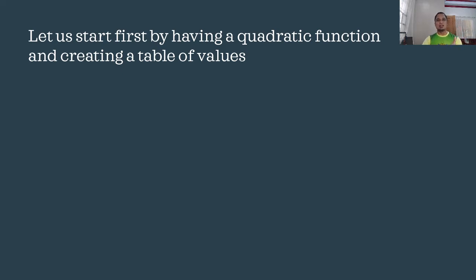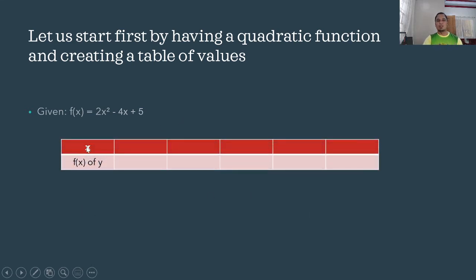Ang given sa atin, yung mismong quadratic function. Ito yung quadratic function natin. Now, we already know that this quadratic function exists, kasi siya nga yung given. And we will be assigning values. Table of values. This is x, and the f of x or y. Ayun, nagkamali. This is f of x or y. Okay?